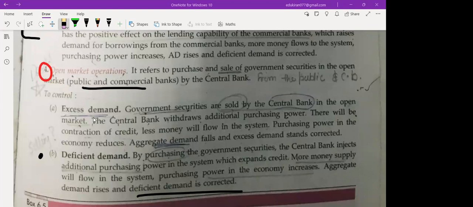I will sell. Yes, that's why when there is excess demand, government securities are sold, and when there is deficit demand, they purchase government securities. Okay, ma'am.